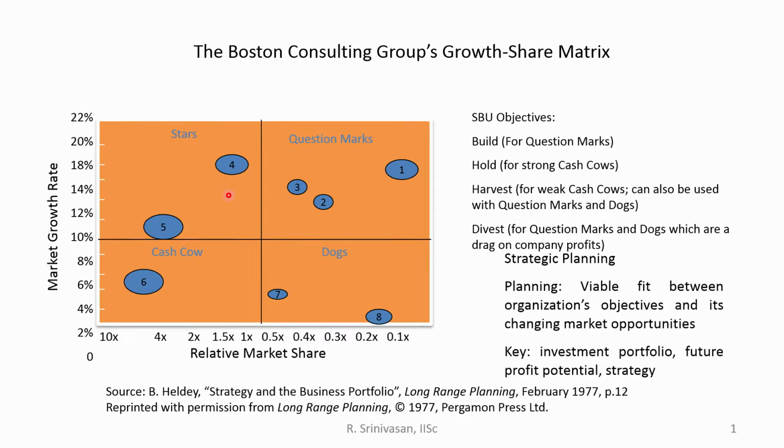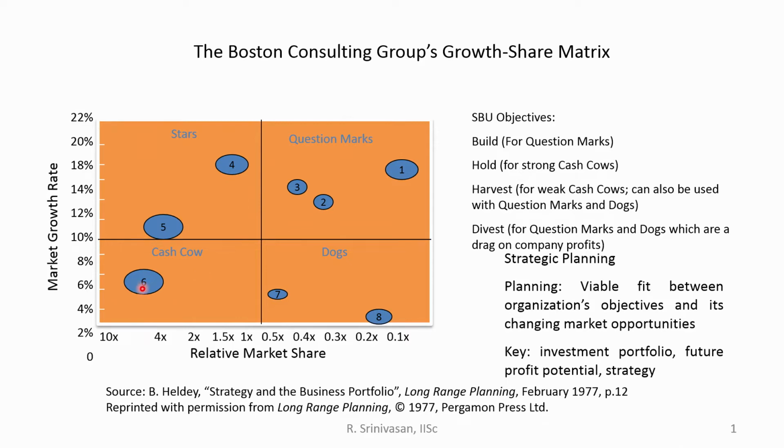Any SBU which moves from the question marks to the stars may, after some time, move towards the cash cow. So, when it goes towards the cash cow, what is the type of objective you will adopt?